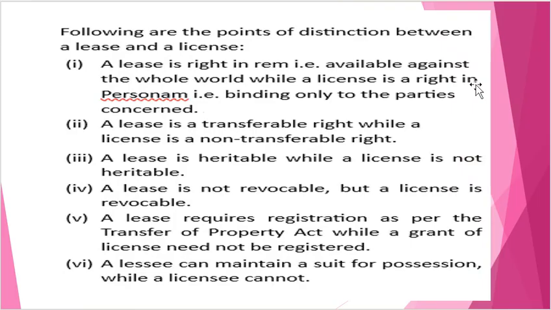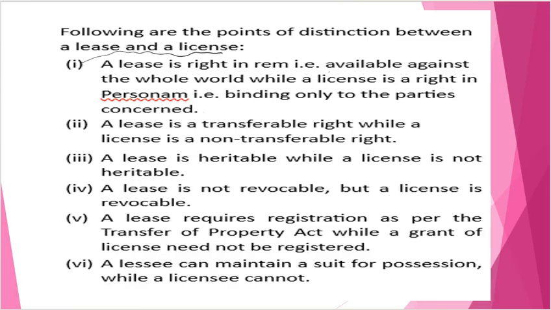So, what is the difference or distinction between lease and a license? A lease is a right in rem. Rights in rem are those rights which are available against the whole world.